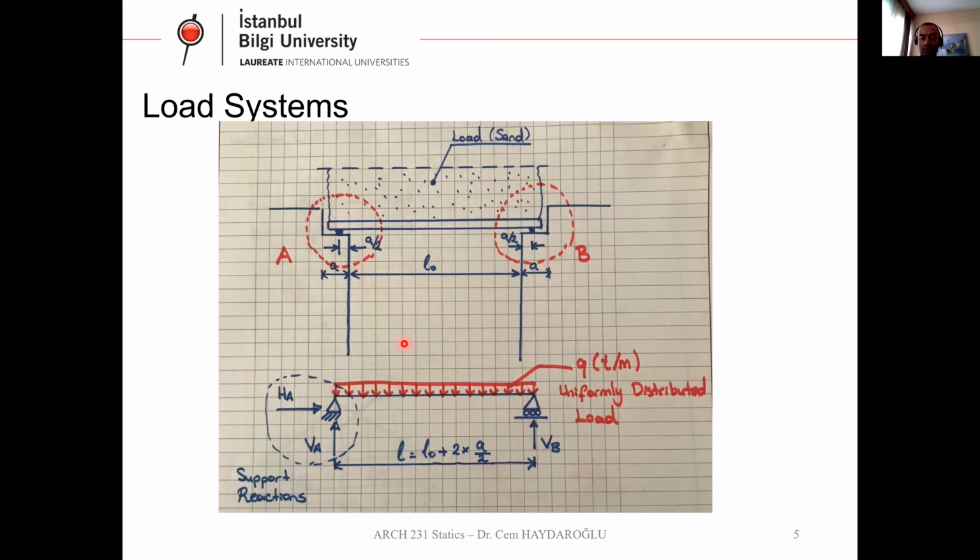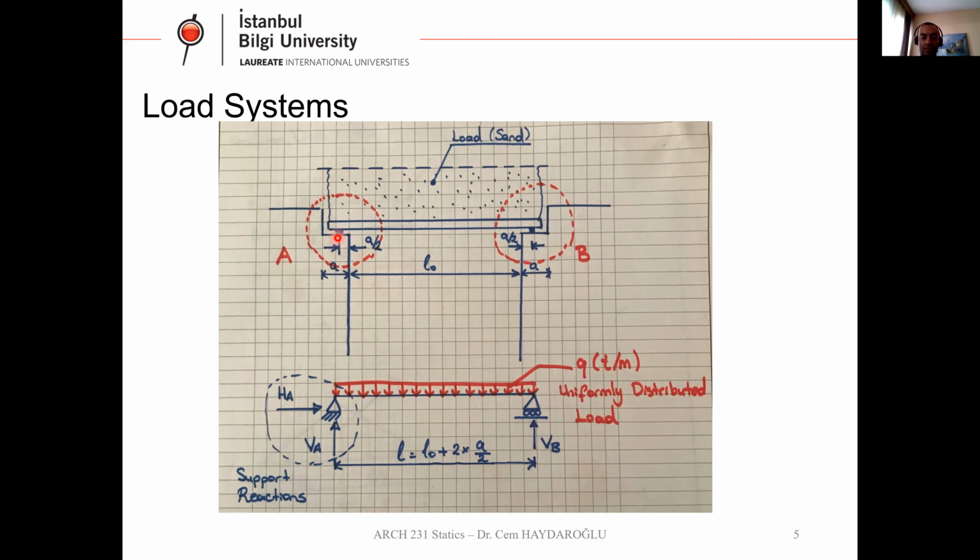I show this beam with a line, which is a blue line. This is a support triangle. This is another support. We are going to talk about the types of these supports on the next page. Don't think about these small circles here or these shadings. Just try to understand how we convert a real system to our calculation system.